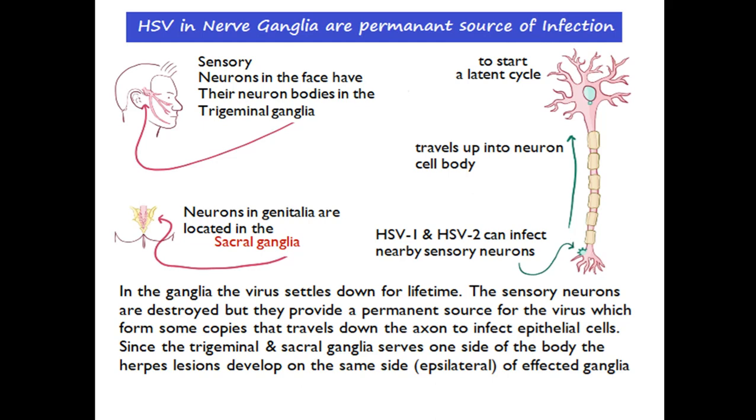On the other hand, the neurons or ganglia below the waist, of the male or female genitalia, are located in the sacral ganglia, and HSV2, which infects the nerves in that region, ascends through the nerve axon into the cell body and will live in the sacral ganglia.